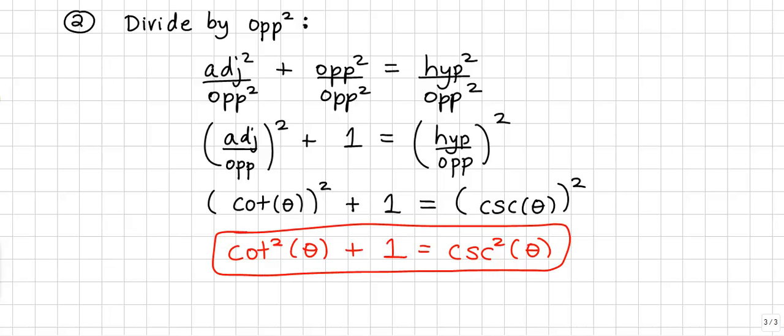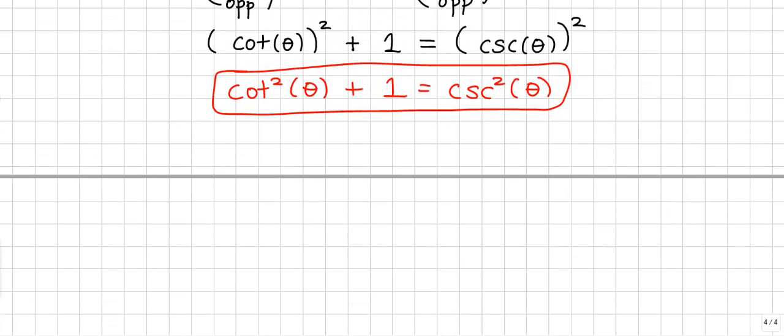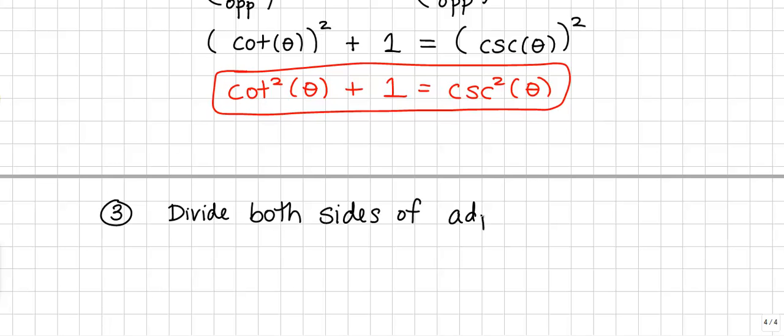All right, now I want you to try the last one on your own. I want you to start over and divide both sides of our original Pythagorean identity. Last time we divided by opposite squared, so let's divide by adjacent squared.